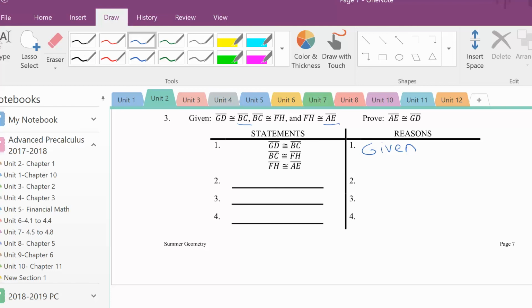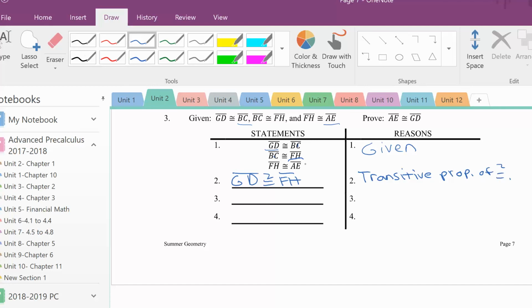Well, notice GD is congruent to FH because they're both congruent to BC, and that would be the transitive property of congruence, because they're both congruent to the same segment.